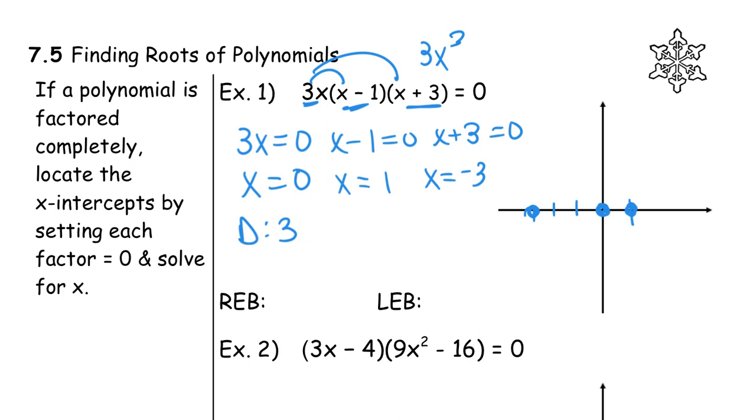So what does that tell you about the right end behavior? Why? If A is positive, what does the right end of your graph do? It goes to infinity. If A is positive, it goes to positive infinity. Since the degree is odd, what is the left end behavior? Okay. So because our A value is positive, the right side's going to go up.